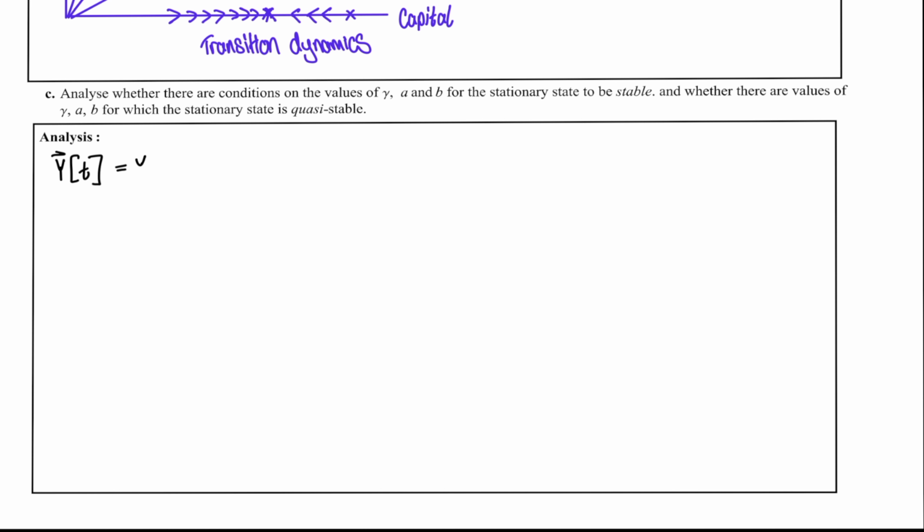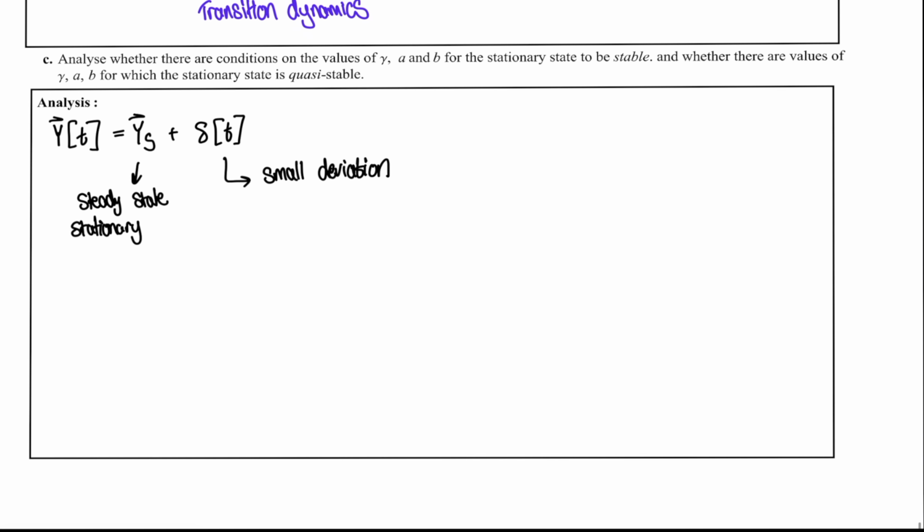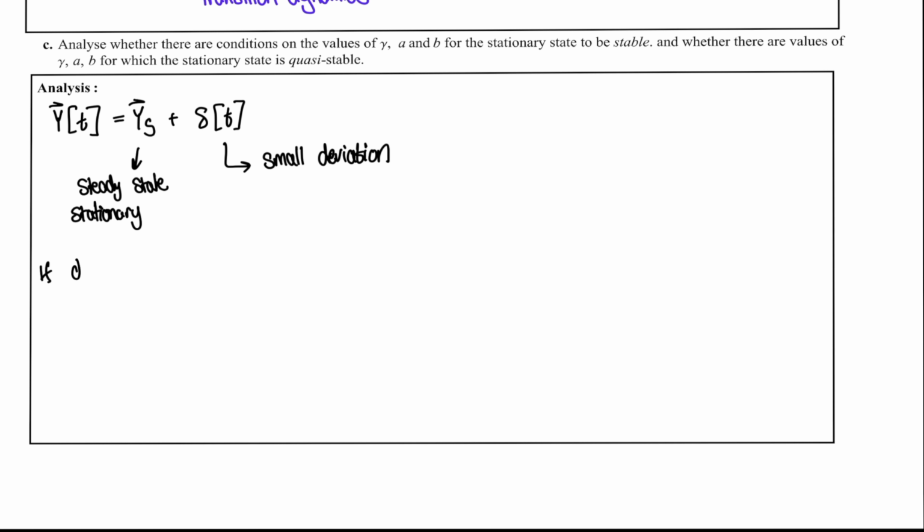Okay, so in order to understand this, if we look at yt is equal to ys plus delta t, like I said before, this is the steady state or the stationary state or even the equilibrium outcome, and this is a very small change or a very small deviation. If deviations fall or shrink, we can see that the equilibrium will be stable because there won't be any deviations.